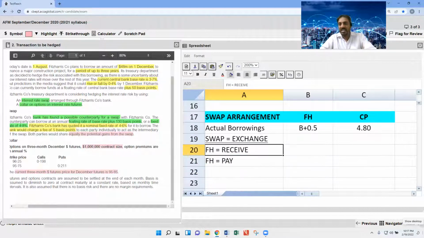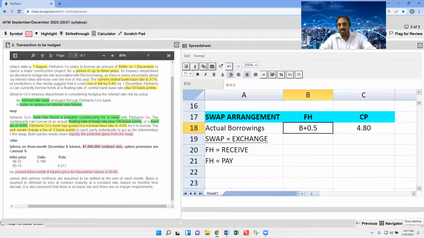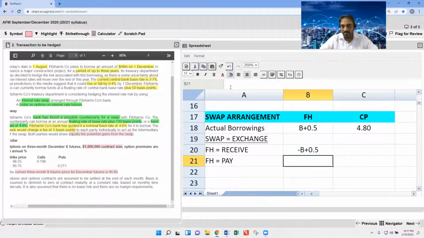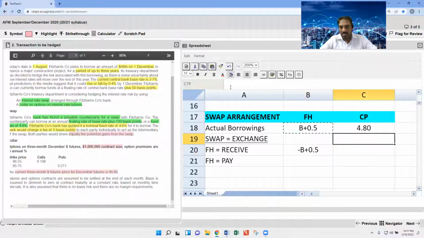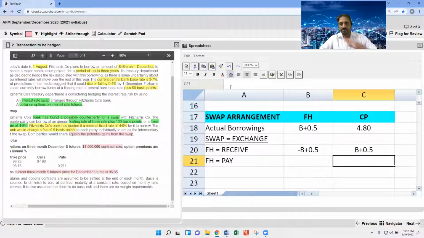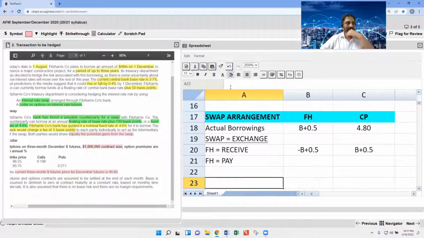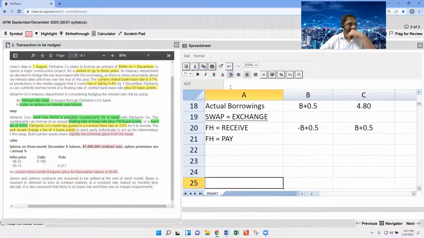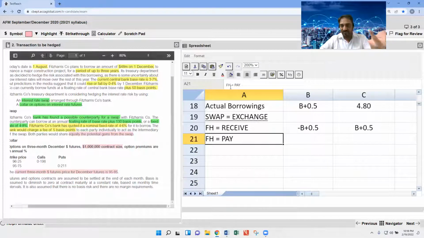The stronger party will receive whatever they have paid through the actual borrowing. That is the point. So payment received cancel with the minus. And they have to pay. But the point is what the Fitz Harris will pay.